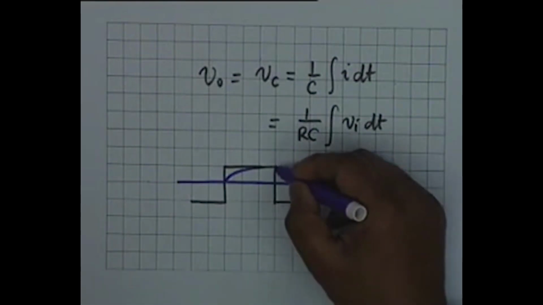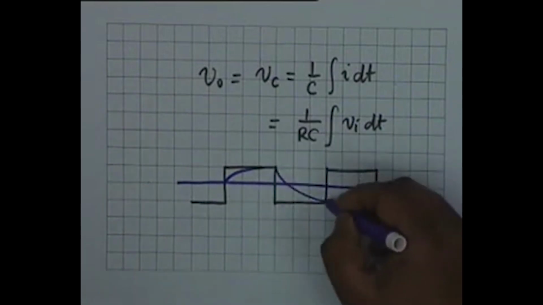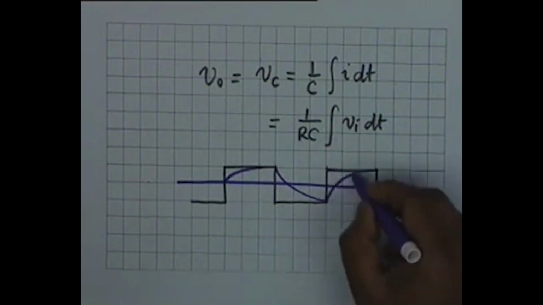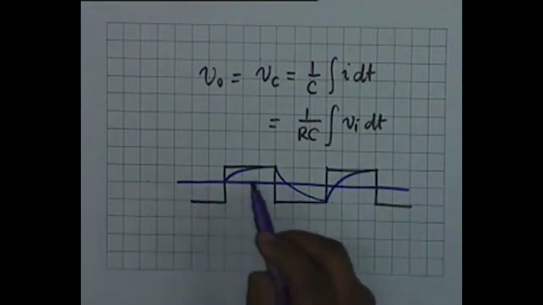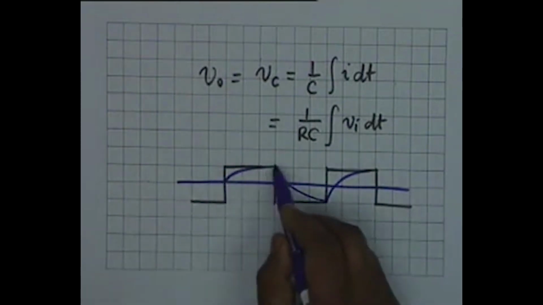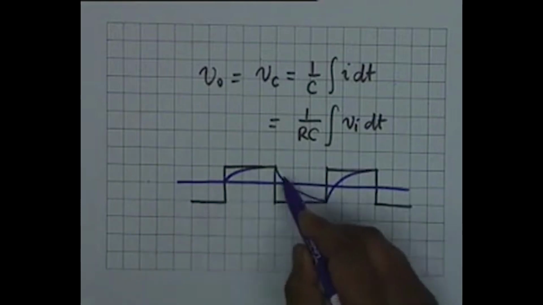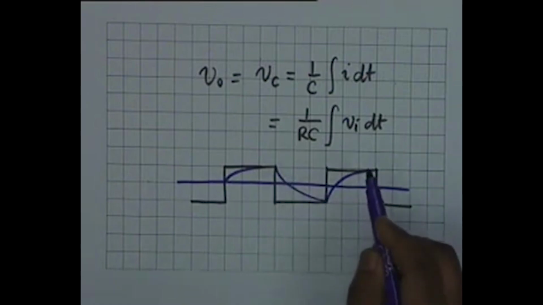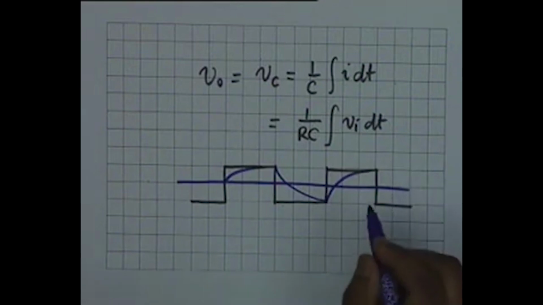So it discharges like this, and once again from here when the voltage goes positive, the capacitor charges like this, and so on. Ideally this should be straight lines. If we are really integrating, then what we show as violet lines, which are curved, not parabolas, they are exponential rises, ideally they should be straight lines.